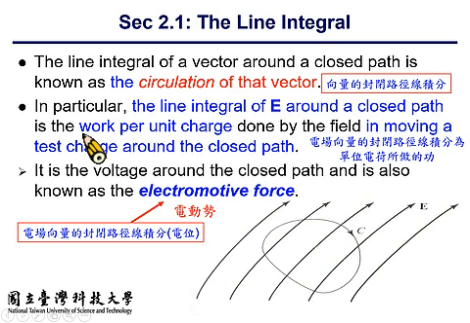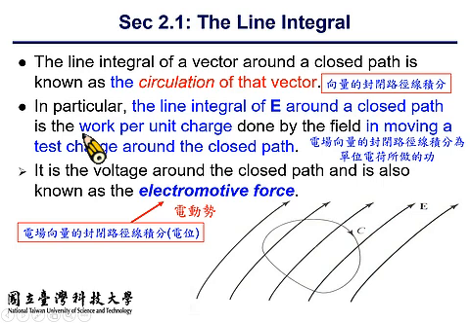When it comes to work, there is a test charge involved. The greater the test charge, the more work has been done on this test charge. Also, the electrical field distribution matters.